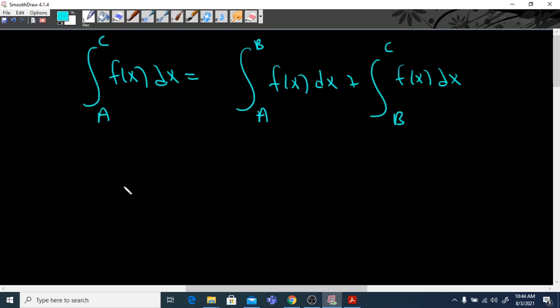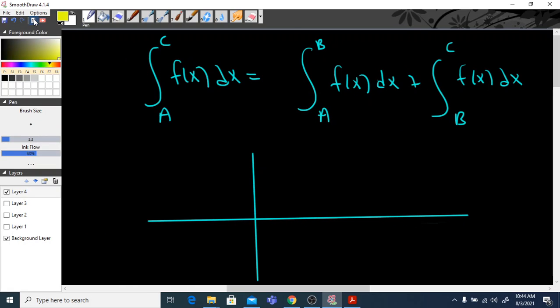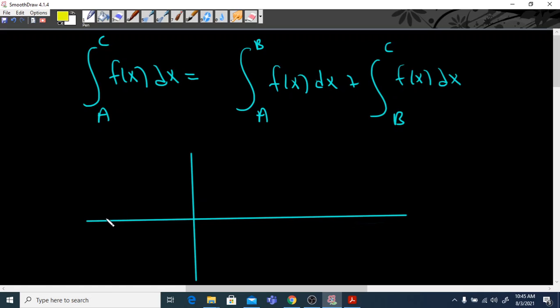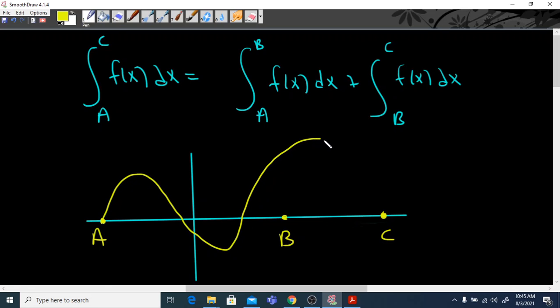So what does that look like? Let's say I have a curve with points A, B, and C. If I want the integral from A to C, the whole thing, then I can break that up any way I want.